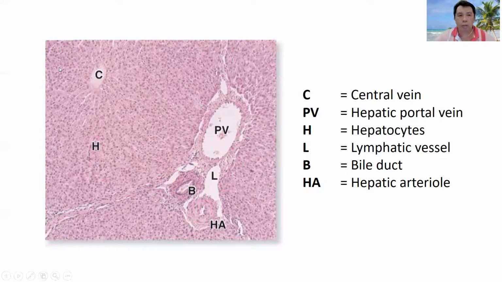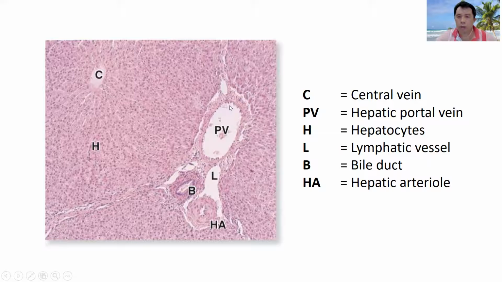Then you can see the hepatocytes, which radiate out from the central vein here. And this is one of the edges of the lobule.